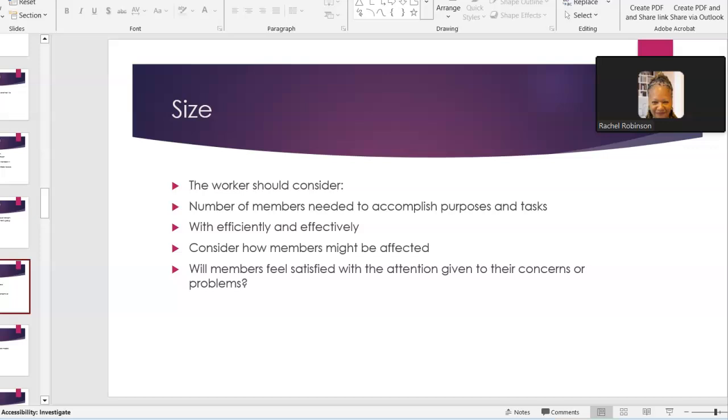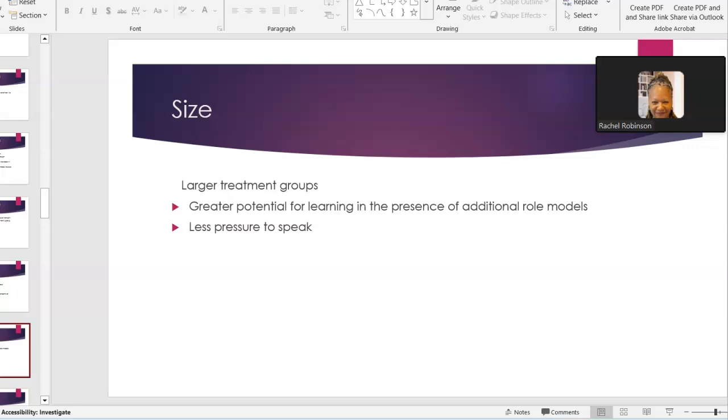Will the members feel like they have been able to capture sufficient attention to have you address their concerns? Larger treatment groups can offer benefits in terms of more opportunities for indigenous leadership to emerge. Could be more opportunities for role modeling to occur, that type of thing. If you have quiet members who like to just listen, there are those opportunities. There's less pressure to speak.